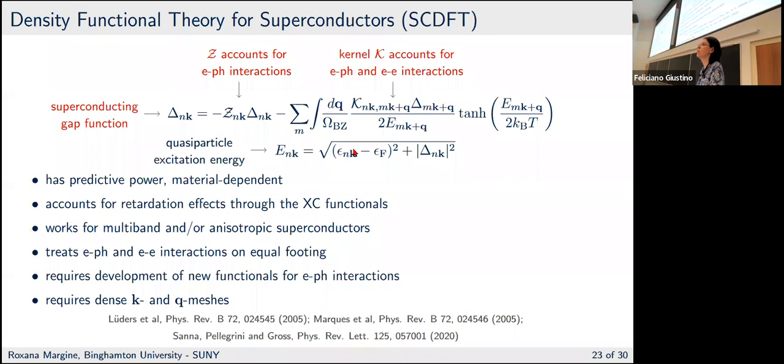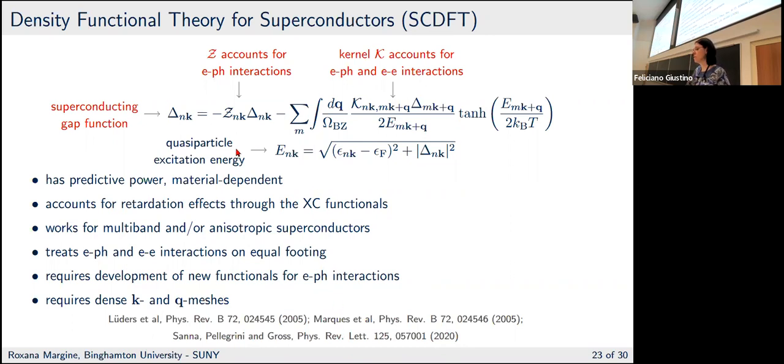The functionals that currently exist, let's say in Quantum ESPRESSO or ABINIT, are not going to be very good. As far as I know, there are just two sets of functionals available, both coming from Gross's group, but in 2020 they developed new functionals that I think are working pretty well.